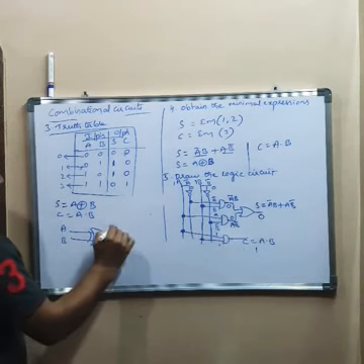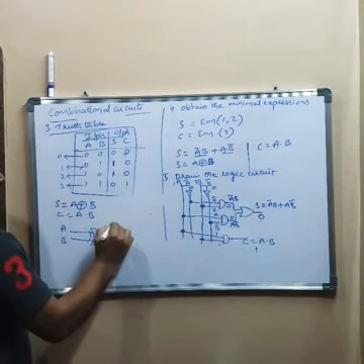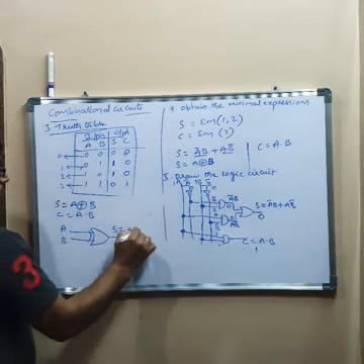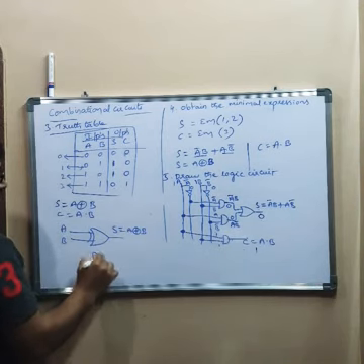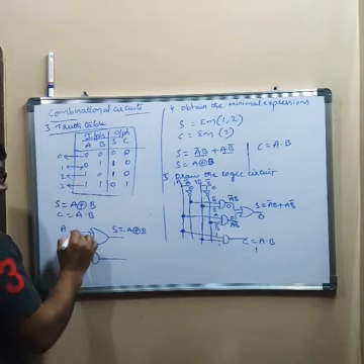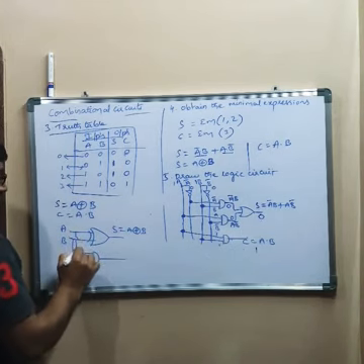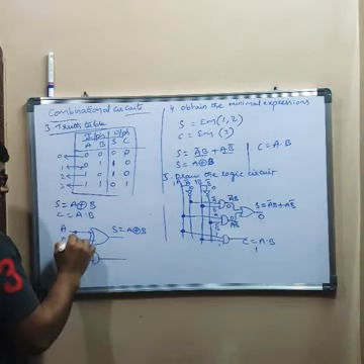A, B, S is equal to A XOR B, and simply I will take AND gate. A is coming from here, B is coming from here, right?